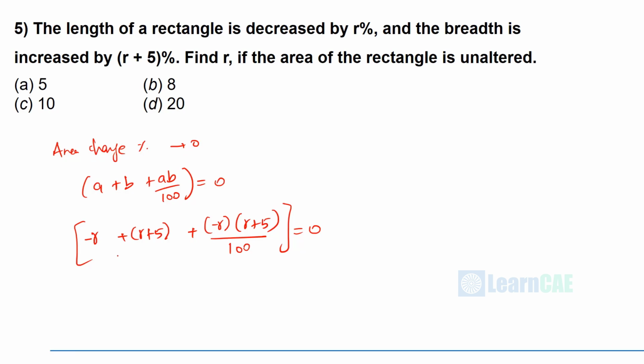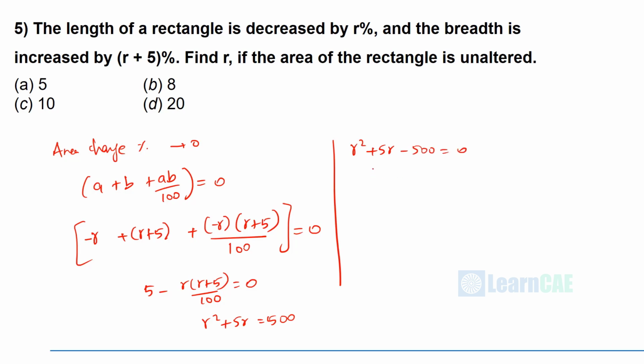Here the r will cancel out, 5 plus, or we shall directly write minus r plus r plus 5, minus r into r plus 5 by 100 equal to 0. Therefore, r square plus 5r is equal to, this 100 will go to the right side, so it will be 500. So you can rewrite the equation as r square plus 5r minus 500 equal to 0.